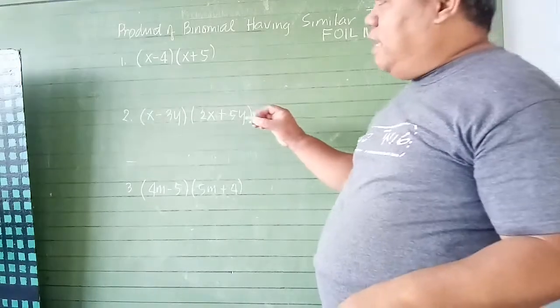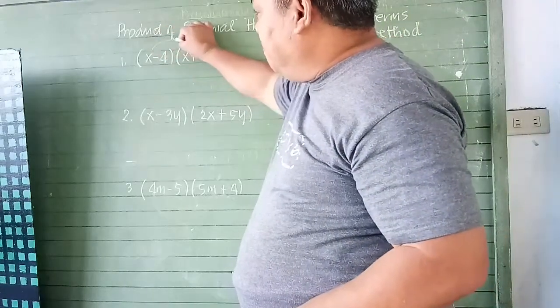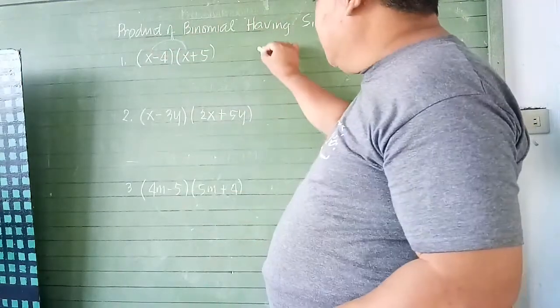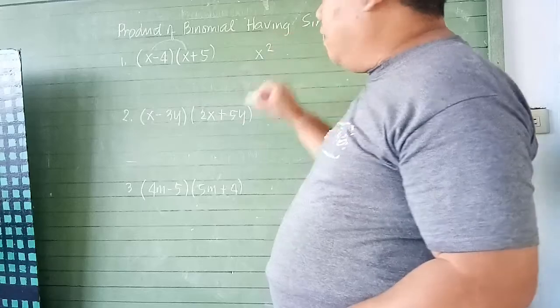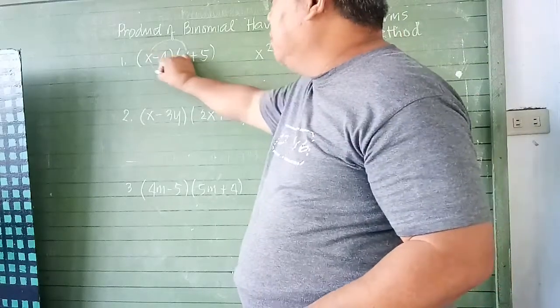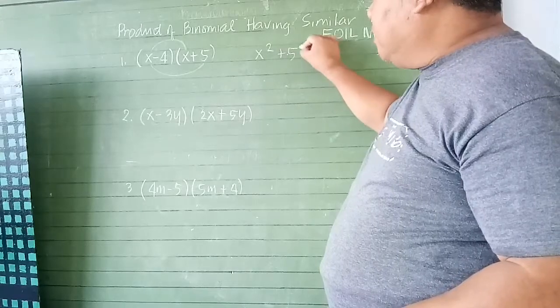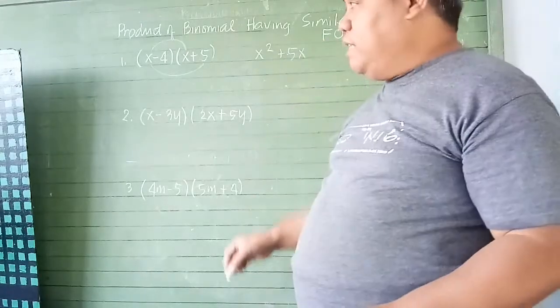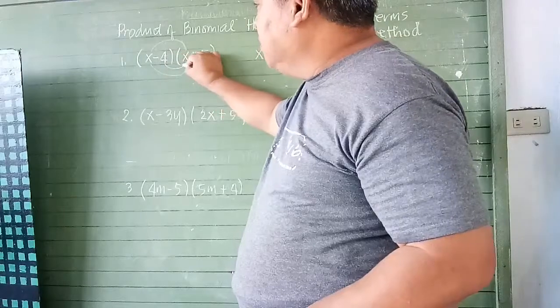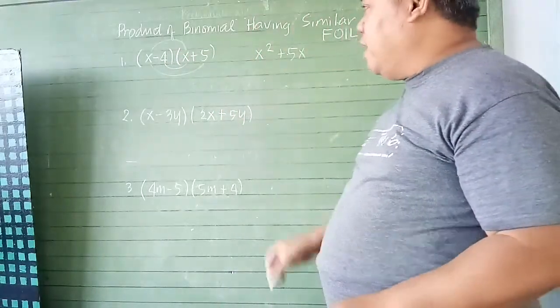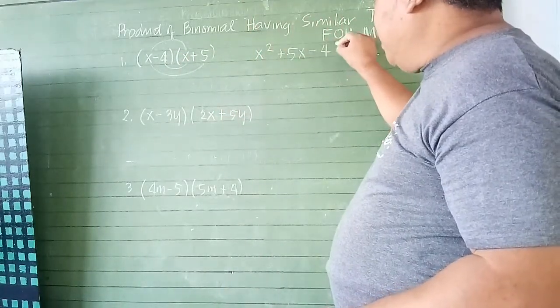So let's say multiply first the first term, that is x squared. Then the outer terms, that is plus 5x. Include the sign in multiplication, then inner terms, that is negative 4 times x, minus 4x.